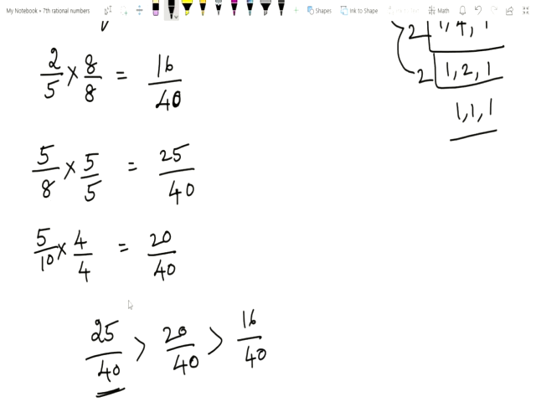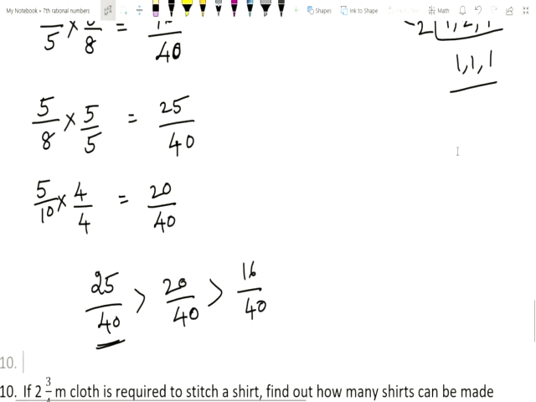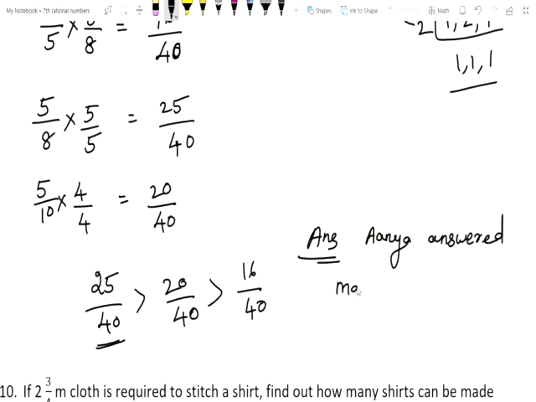So 5 by 8 of the questions, who answered? Ananya. So what is the answer? Ananya answered the maximum number of questions.